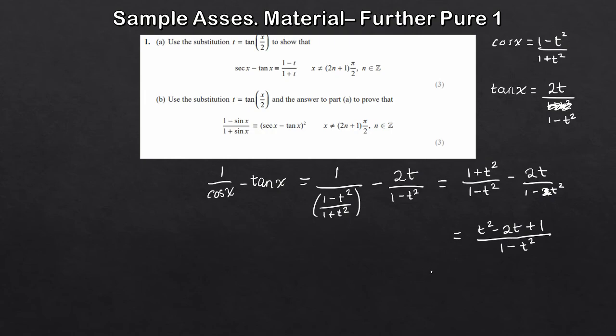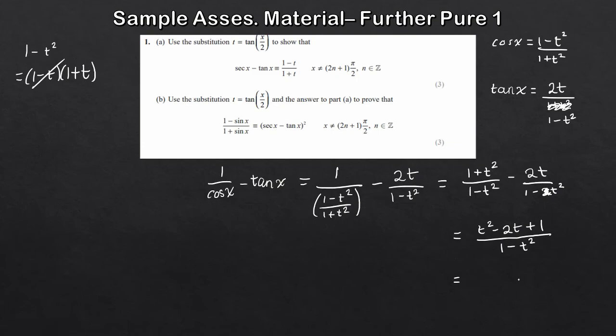Now, what I want to do here is factorise. Given that the final bit we end up with is 1 minus t over 1 plus t, the first thing I know is that this is the difference of two squares in the denominator. So, 1 minus t squared is equal to 1 minus t times 1 plus t. If I have a 1 plus t in the denominator, what I expect is a 1 minus t cancels with a 1 minus t in the numerator. And how does that work?